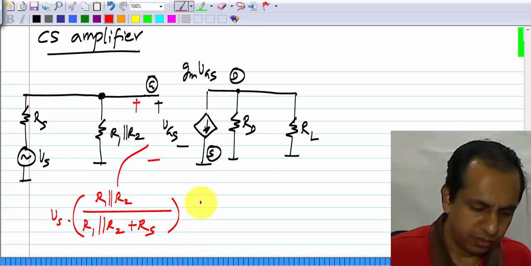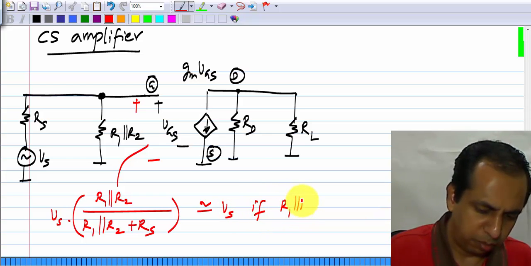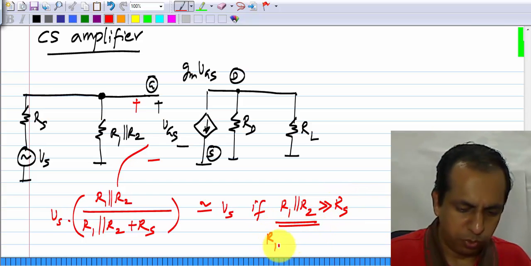Quite easy, and this is approximately equal to Vs if R1 parallel R2 is much more than Rs. And for this condition to be satisfied, you know that both R1 and R2 have to be much more than Rs.